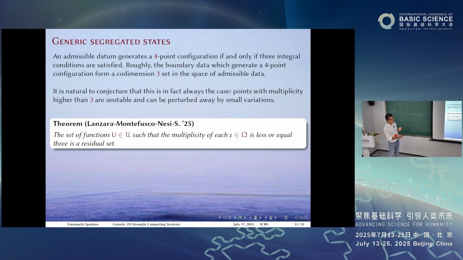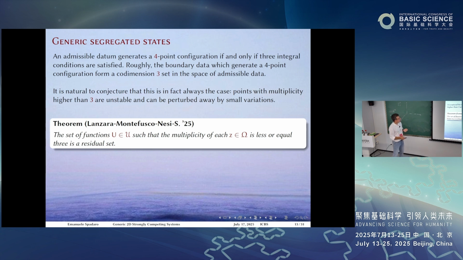And that's our main result. So we not only prove the stability of these points, but we prove that generically all the solutions to this system need to have only multiplicity up to 3. So the only singular points of a generic solution should be 3 points. So there cannot be 4 points like in this configuration.